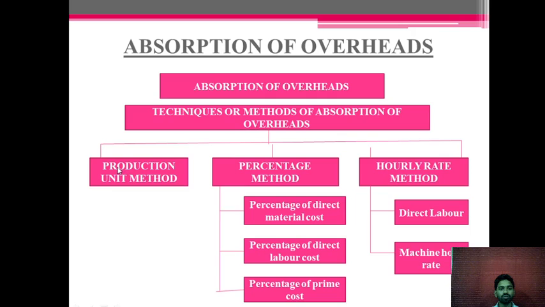Next are the absorption of overheads. There are three methods of absorption: the production unit method, percentage method, and hourly rate method, which we will see in the next class.